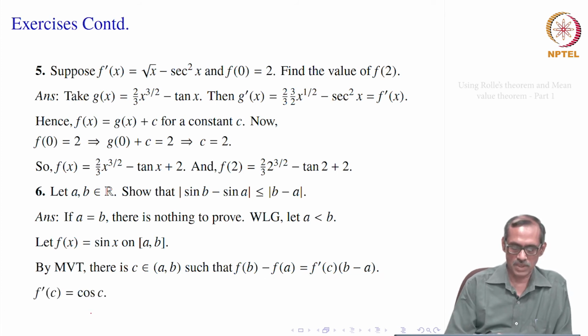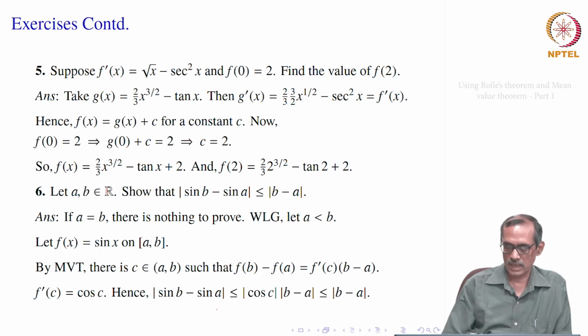But what is f prime c? F x equal to sin x. So, f prime at c is cosine c and its absolute value is bounded by 1. Therefore, the absolute value of sin b minus sin a is less than or equal to mod cos c times mod b minus a. Mod cos c is less than or equal to 1 for any c. Therefore, this is less than or equal to mod b minus a.